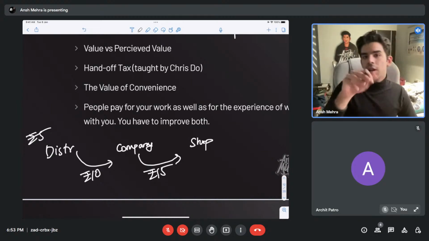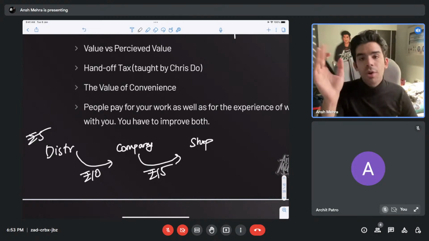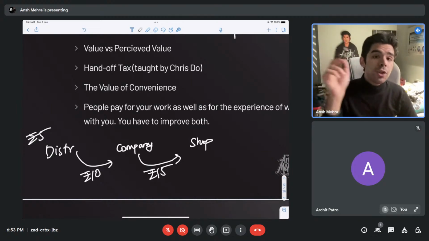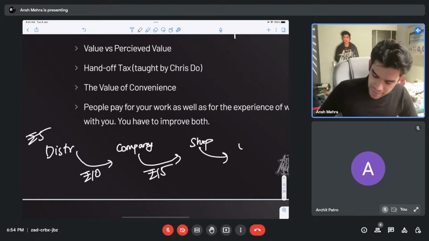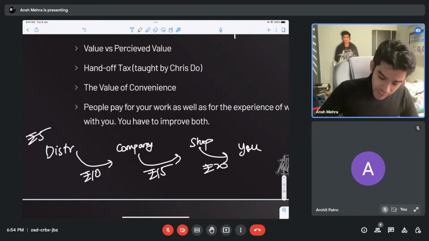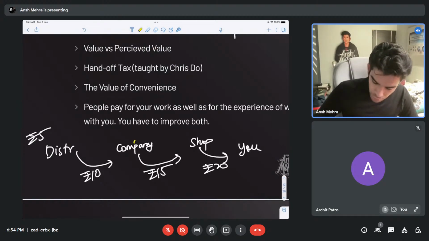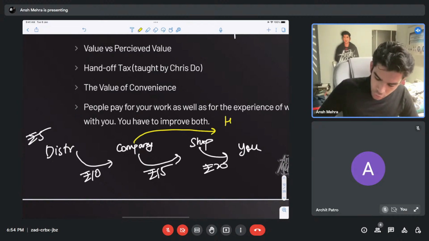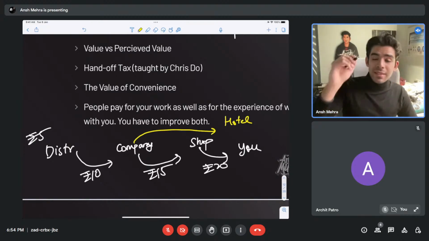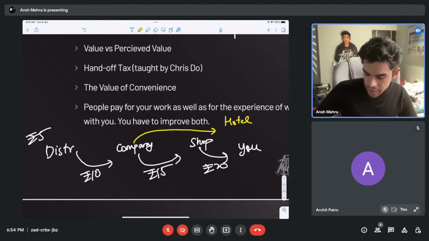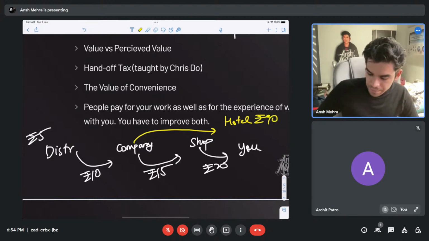This shopping mall, or some store, is in very close proximity to your house. So then he sells the same item to you at rupees 20. On the other hand, this same company puts it in a different bottle, goes to a hotel and sells the same water bottle of the same quantity, maybe at rupees 90.